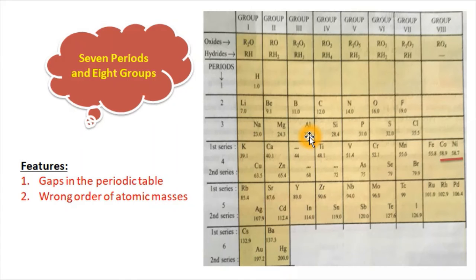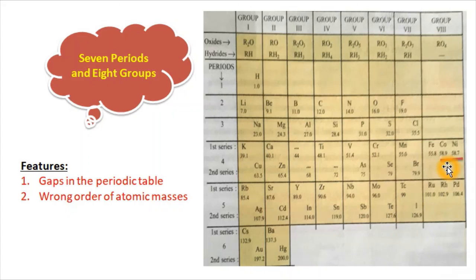Okay, and the next important feature was the wrong order of atomic masses. Again, for the same reason, to make sure that the elements having similar properties fell in the same group, he placed a few elements in the wrong order of their atomic masses. As you know, the law was based on increasing atomic mass. It means the lower atomic mass comes first and the higher atomic mass comes later.